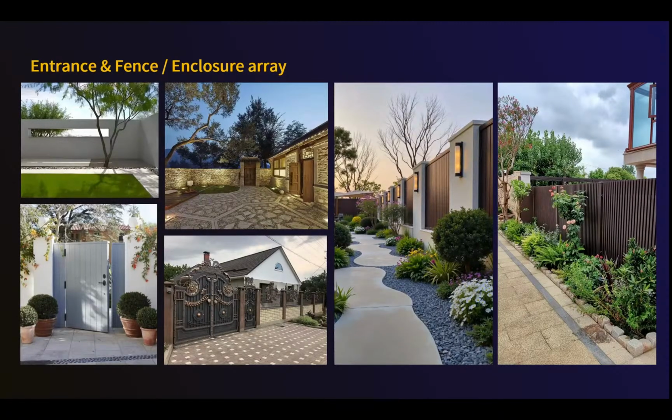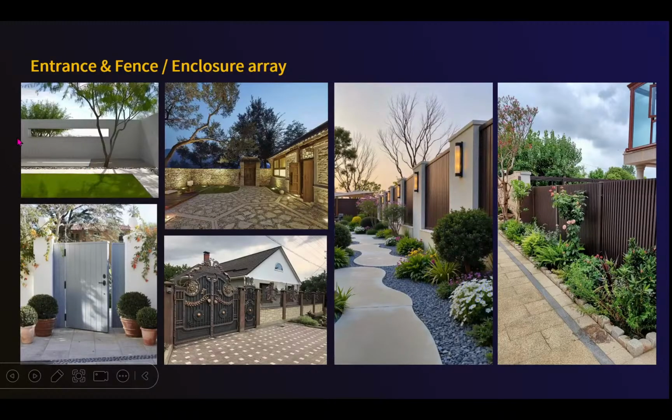Okay, and then actually for the entrance or the fence, I don't want to talk too much about this one because mainly it relies on the boundary models. So you can just directly use most of the models, or you see some of the walls is helpful.